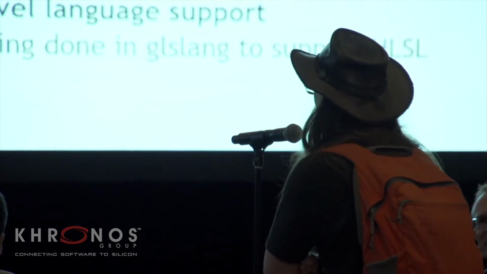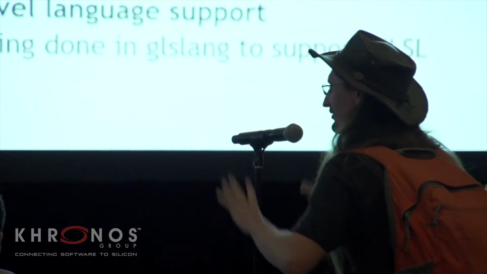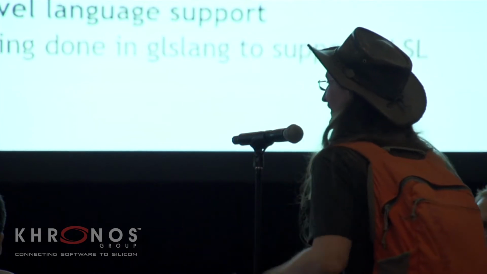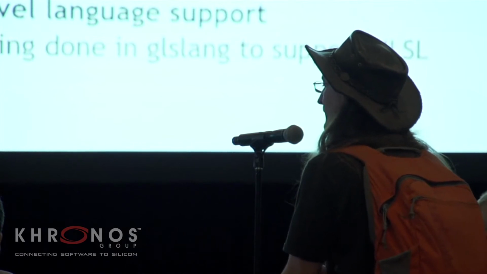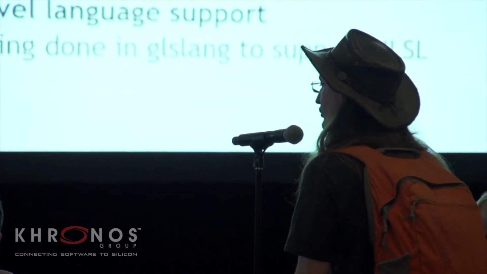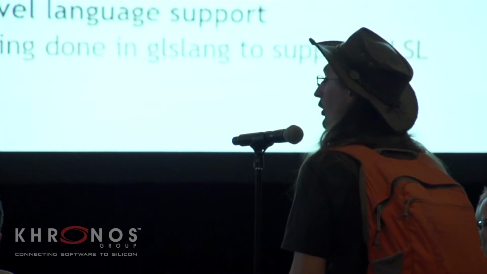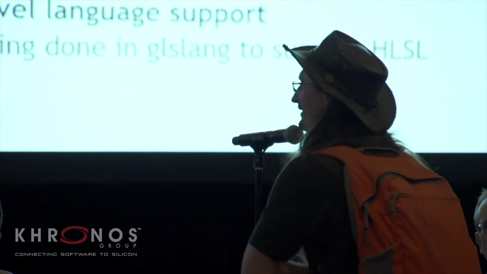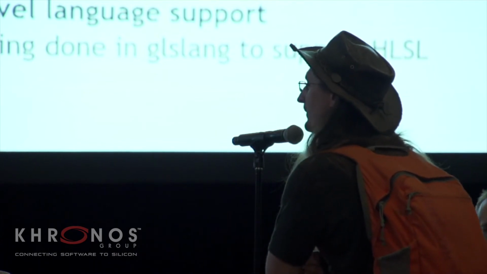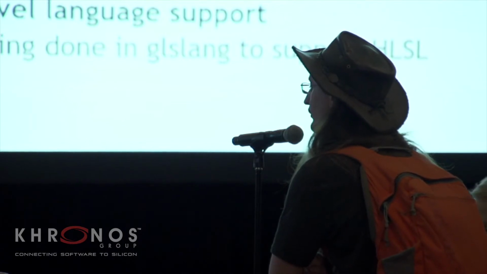So I'm working on an extension. Disclaimer, it's for ES, but don't worry, it's also coming for Vulkan, but I'm going to do the ES one, and there is a Codeplay guy who is going to work on it. I'm not sure we're supposed to talk about that, but who cares? It's a Khronos community effort.